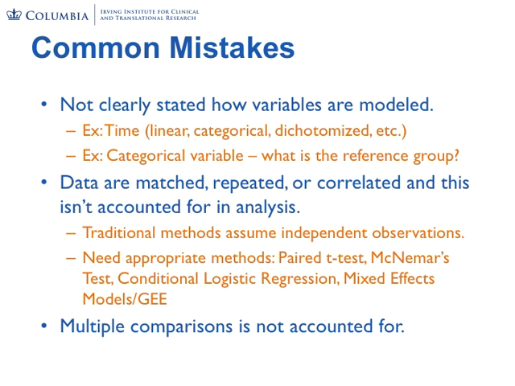This is not the case when we have longitudinal or matched or repeated data. So if that's the case, you have to use a whole different group of methods. So there's the paired t-test, McNemar's test, those are sort of the simplest. But then there's more complicated things like conditional logistic regression, mixed effects modeling, GEE. So definitely work with a statistician if you have repeated measures data. Don't just use the off-the-shelf methods that you might have learned if you took an intro to biostats class. Those are not going to be sufficient in that case.